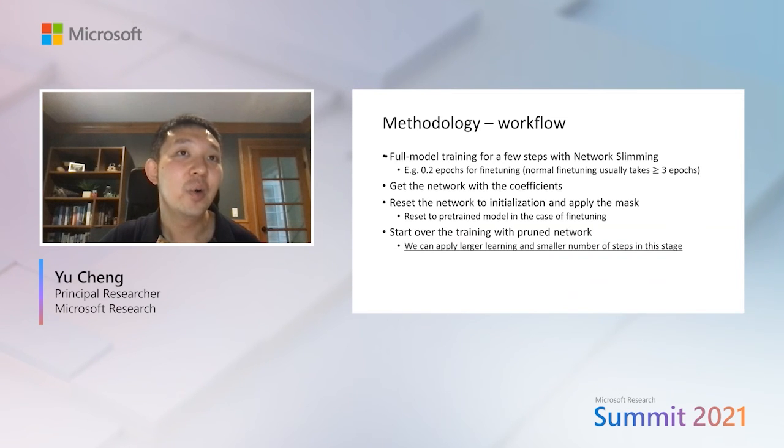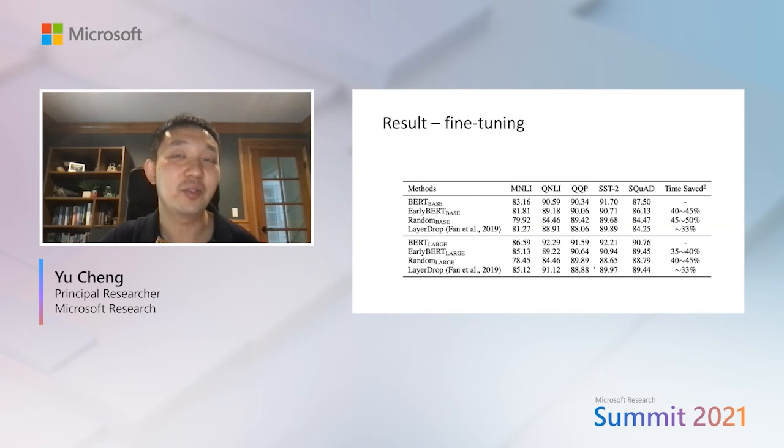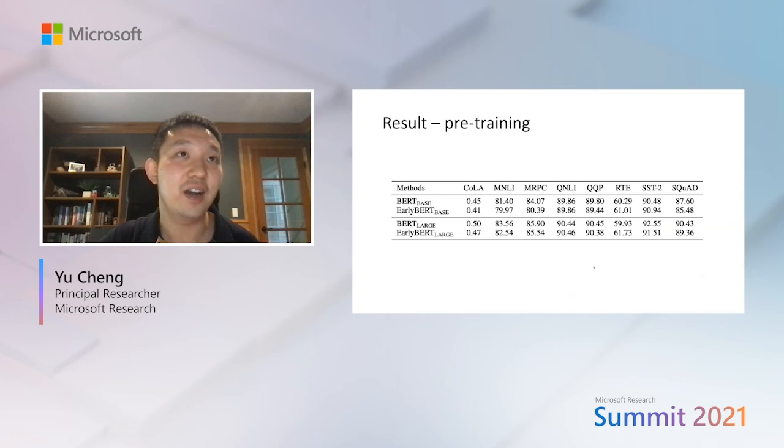After that, we have sparse models but the same amount of training data, so we can reduce the number of training epochs and iterations to further reduce the fine-tuning or training time. In the results, in the fine-tuning stage, we can achieve 40 to 45 percent time saving and achieve very similar performance to baseline models.